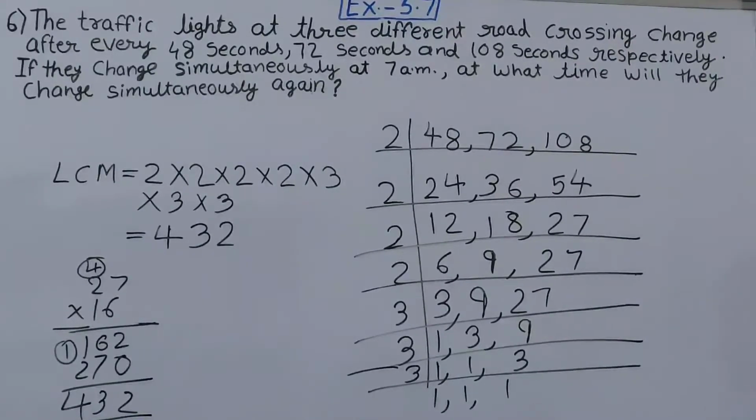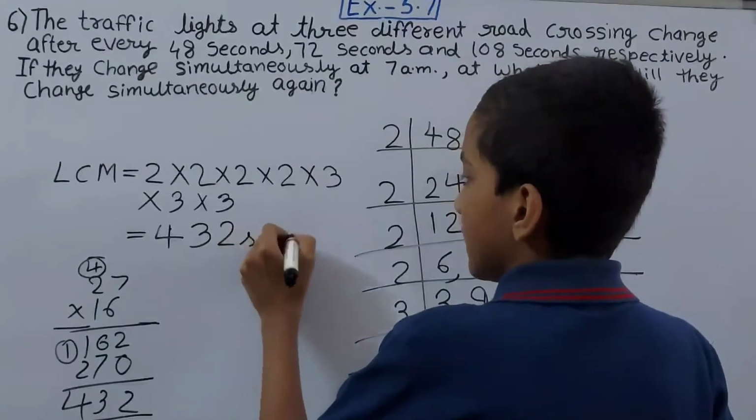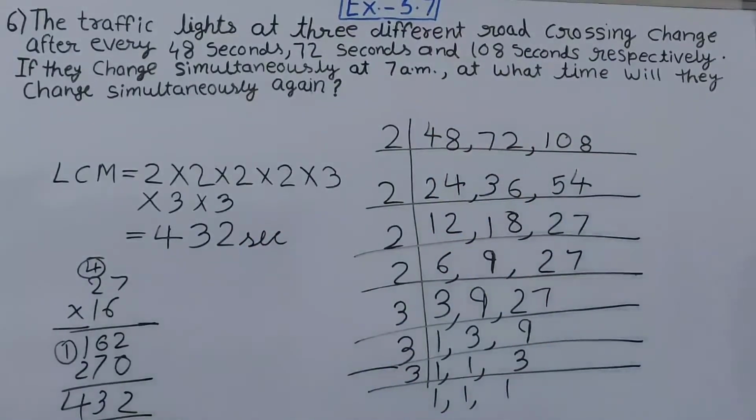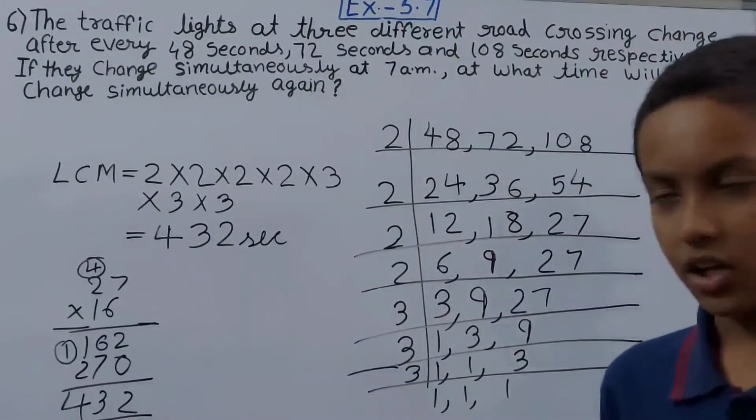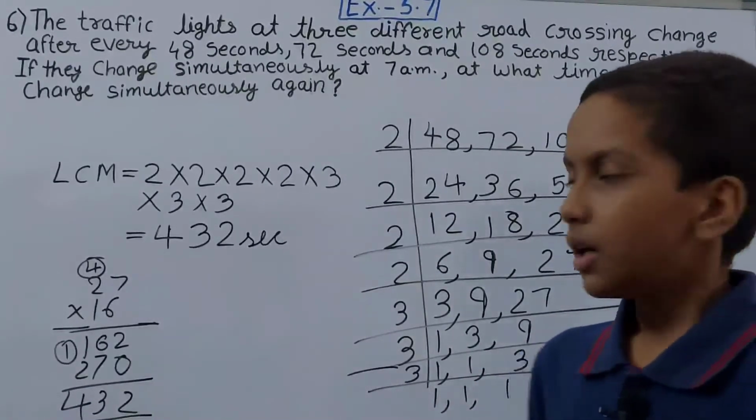Now you see this LCM which we have found is in seconds. Remember this, that whenever you find the LCM in these types of questions, you get it in seconds. But friends, we have to find a proper time, and a proper time is not in seconds. Doesn't it look odd while you're speaking?